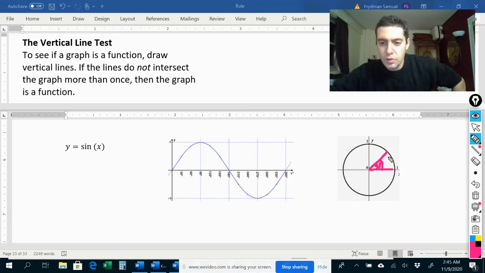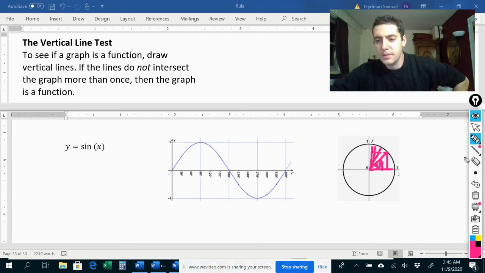Okay, and then for every line that you draw here, you basically take this and just rotate it around. And for every angle, you measure the vertical distance between where this line intersects with the circle and the x-axis. You just measure that vertical distance over there.